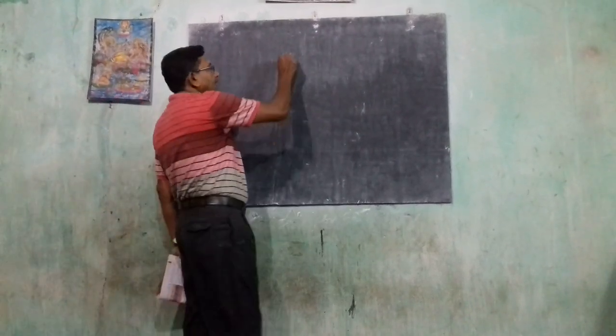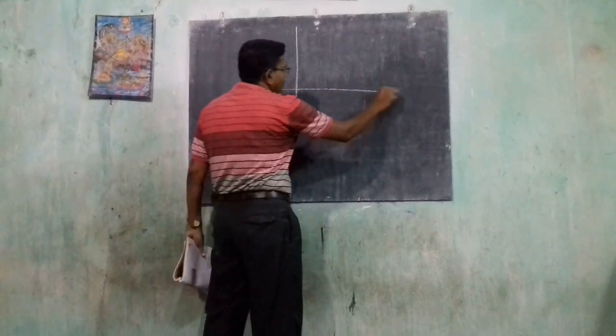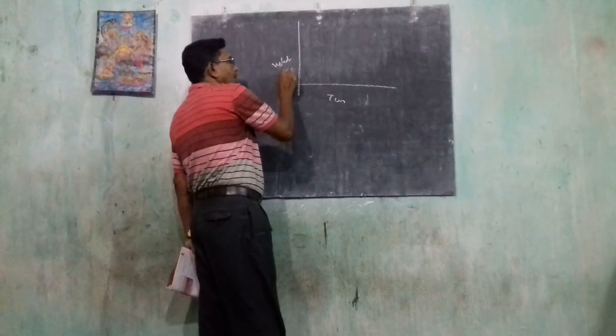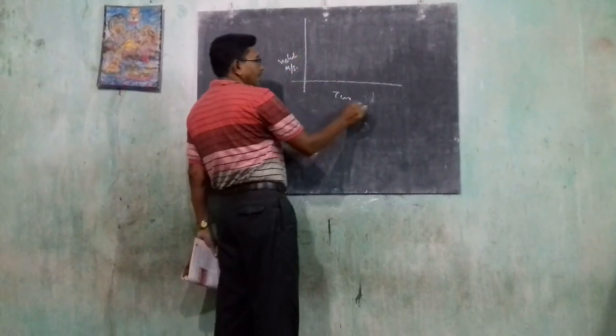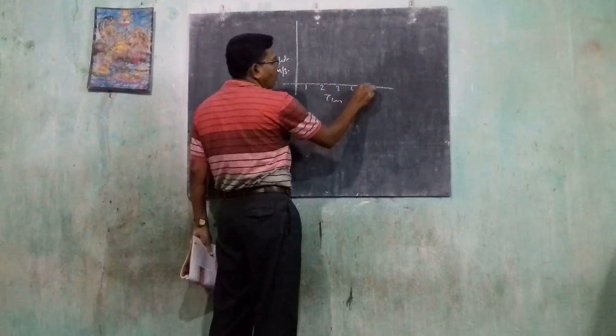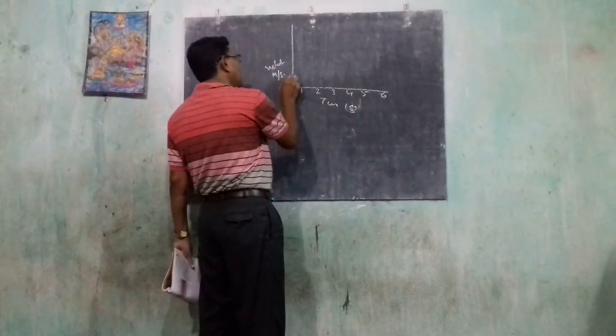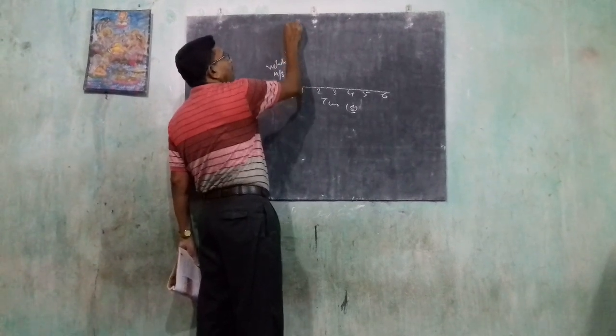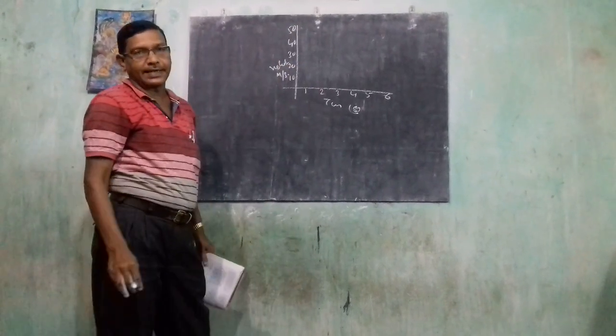Here we take our graph, here the time and here the velocity. Velocity is in meter per second, time is in seconds. Here 1, 2, 3, 4, 5 are the seconds. Here 10, 20, 30, 40, 50 are the meters per second.